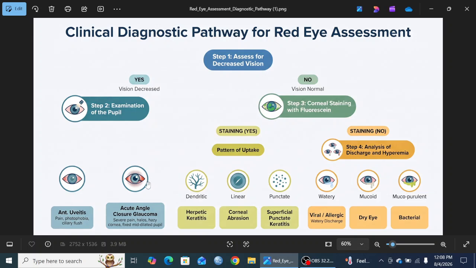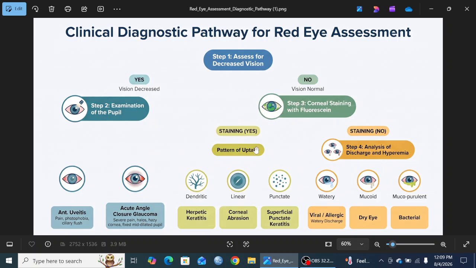And if the patient is having red eye with decreased vision, circumcorneal congestion, and the pupil is semi-dilated or mid-dilated, and the patient also has a history of halos and severe pain, nausea, vomiting, then always think about acute angle closure glaucoma.